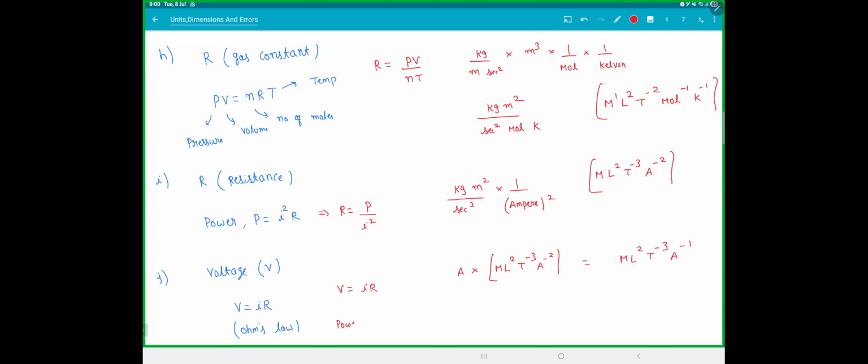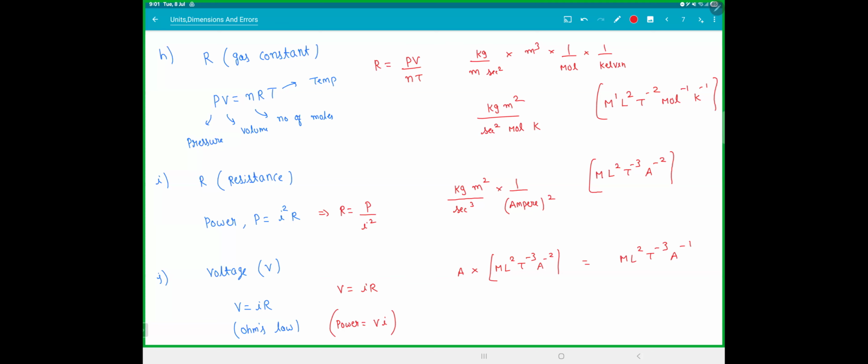You can also write power is equal to V into I. Remember, voltage into current is also power. You could have used that formula also. There's no need to find resistance and then use Ohm's law. That actually goes roundabout. So power's formula is also V into I. Clear with this?